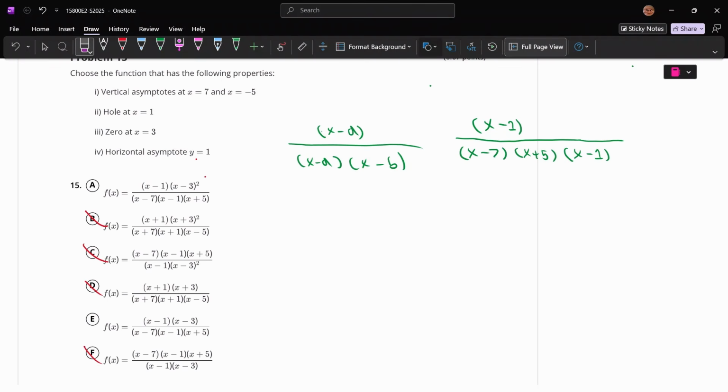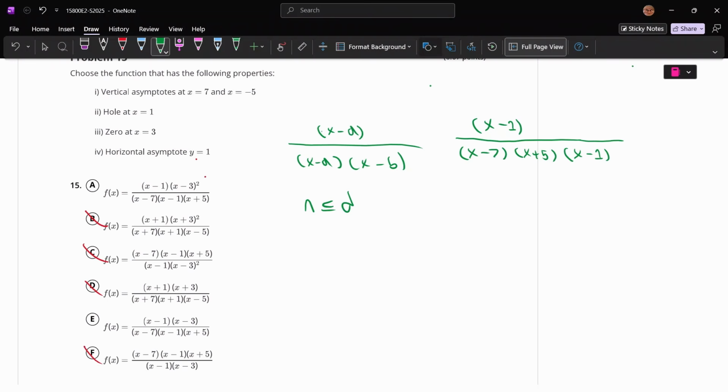Let's go back to what you would need to look for in order to have a horizontal asymptote. So in order to have a horizontal asymptote, the highest power of your numerator has to be less than or equal to the highest power of your denominator.